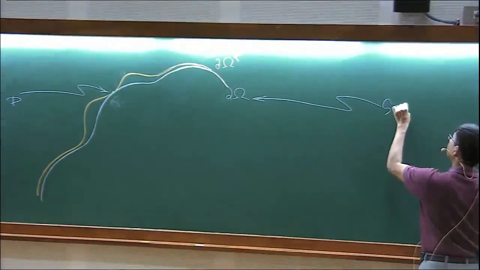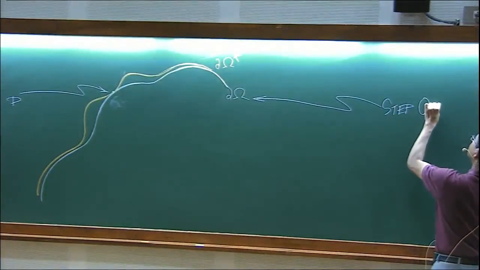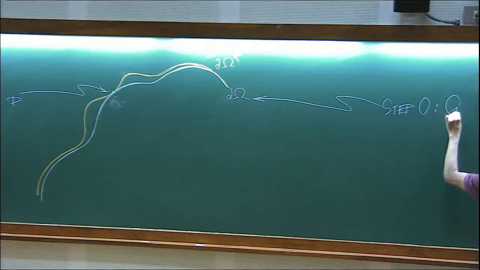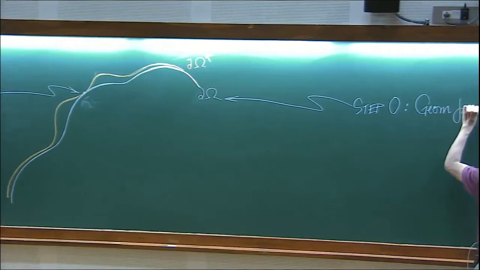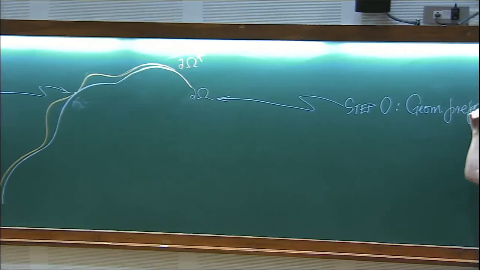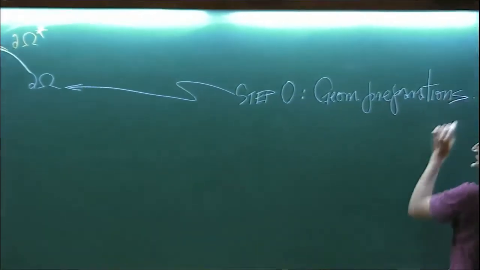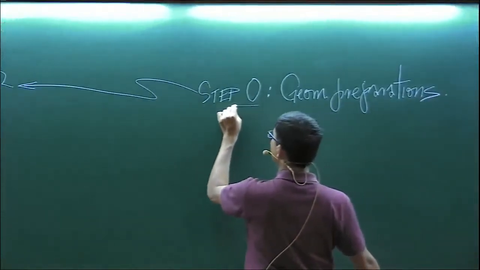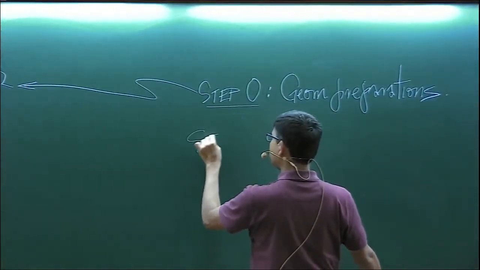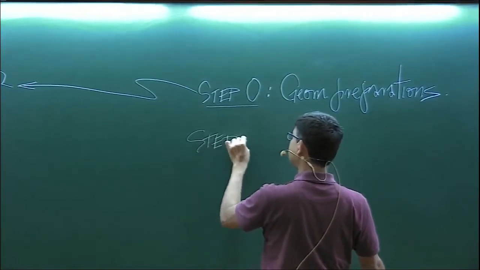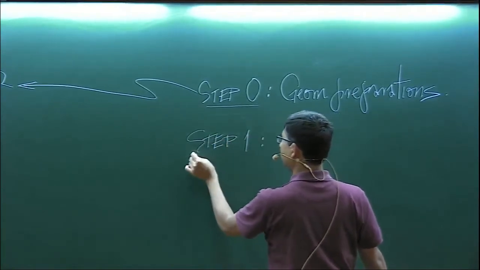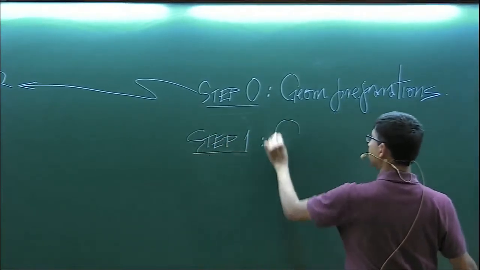You'll recall, step 0 was making certain geometric preparations, and then step 1 was a process of constructing a certain auxiliary function.